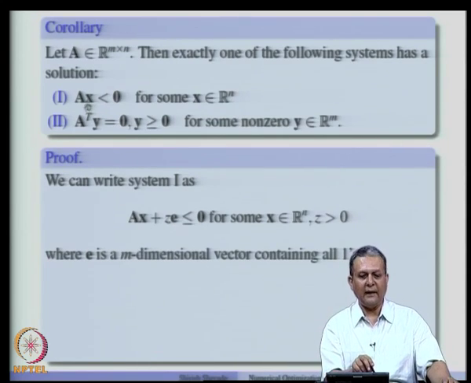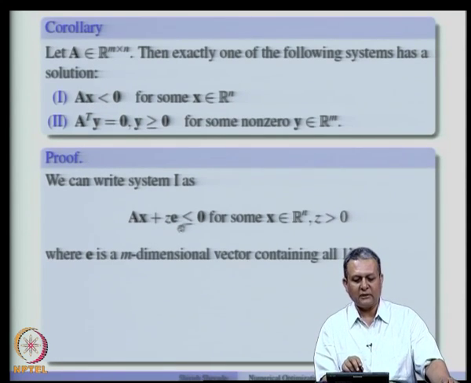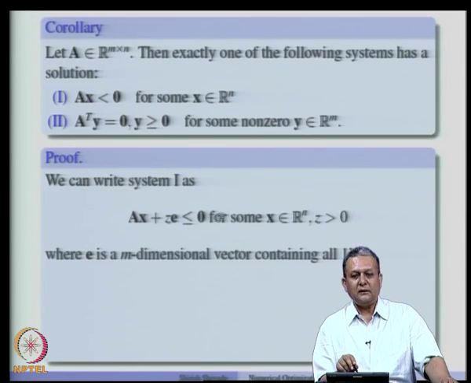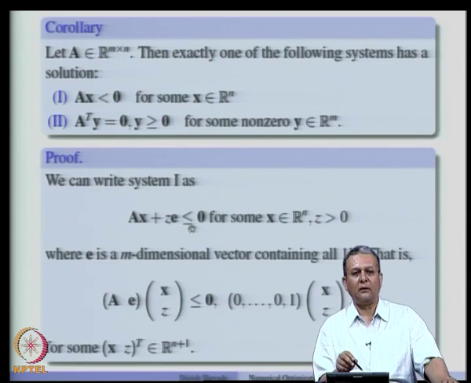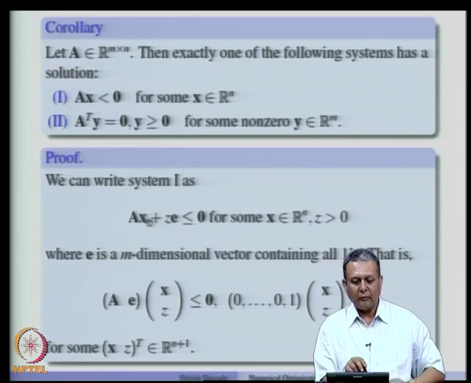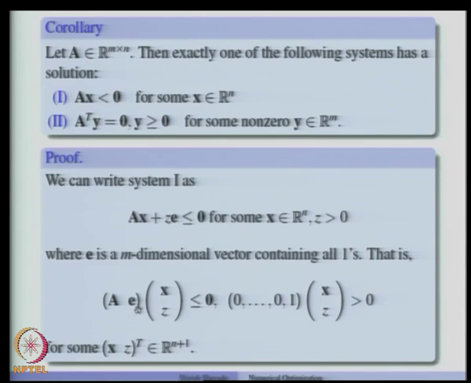So, we can write Ax less than 0 as Ax plus zE less than or equal to 0 for some x in Rn and z greater than 0. Now we can combine x and z to form a new vector and write the same system in this form: A E times x z less than or equal to 0.